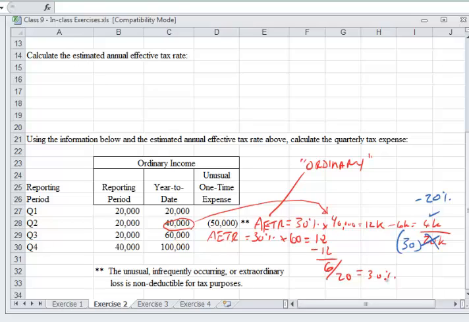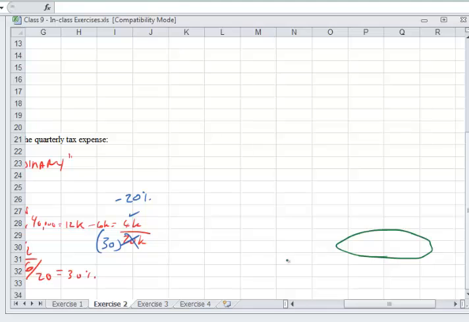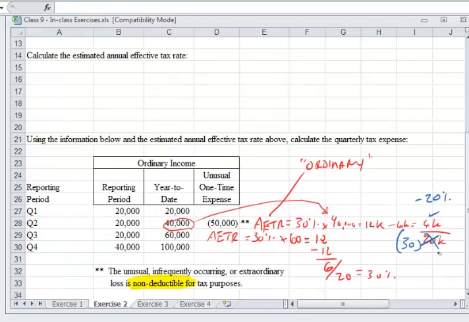The only difference would be with a restructuring, it could be different than here because here we've assumed this is non-deductible. Right? If this was deductible, then not only would you change the denominator here, but you would also change the numerator. Right? Because if you pay somebody severance as a layoff, then that's deductible.